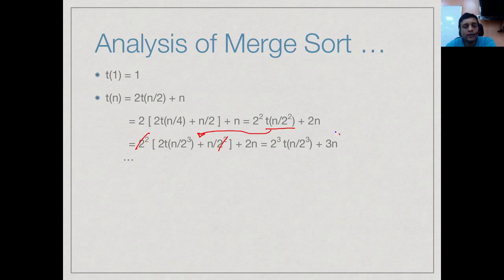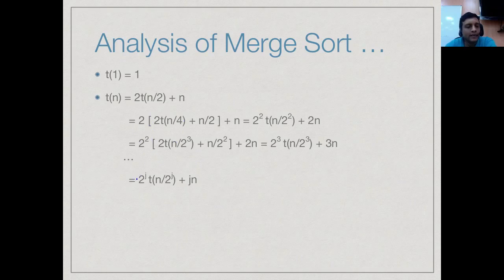I already have 2n, so I get 3 n's. And this 2 into 2 squared I will write as 2 cubed. So I have gone from 2 squared T of n by 2 squared plus 2n to 2 cubed T of n by 2 cubed plus 3n. So it's easy to verify that if you do this j times, you will have 2 to the power j times T of n by 2 to the power j plus jn.